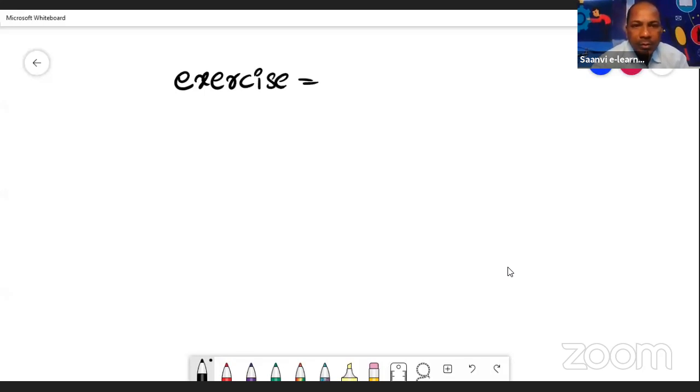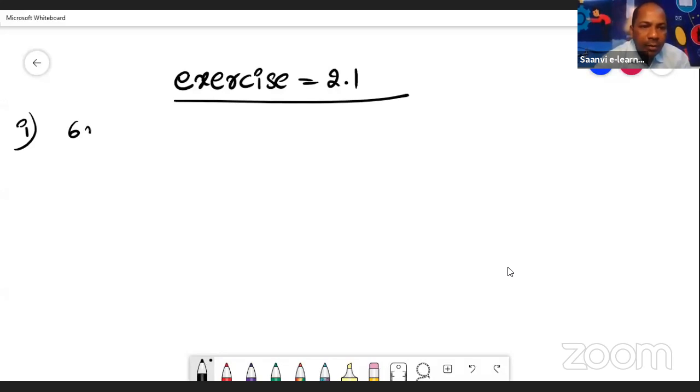Exercise 2.1, first question is given: 6m is equal to 12. So we have to solve this equation.